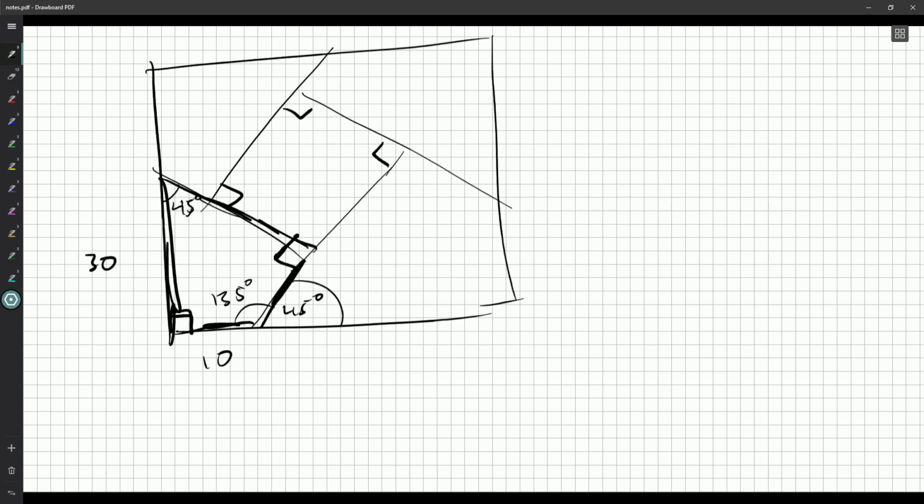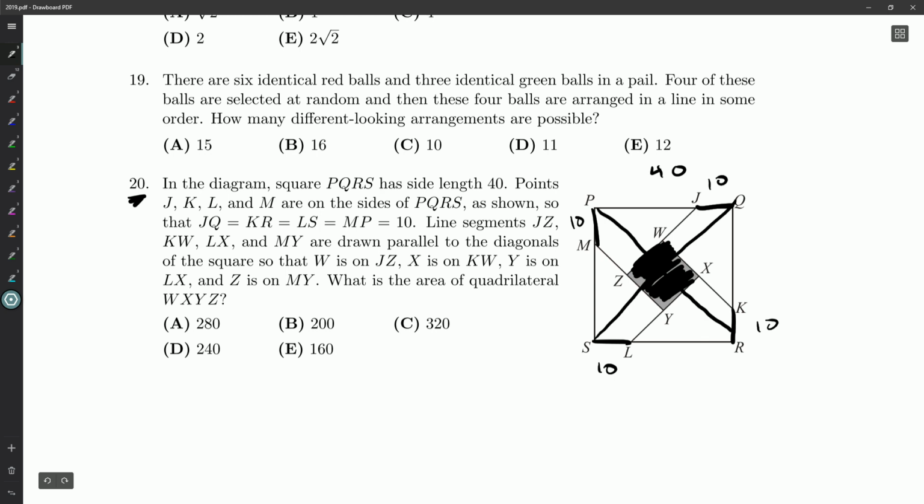Okay, so what can we do here? We really need a side length here. How could we possibly find the side length? I'm not missing any information, right? No, I just have the 10 there.